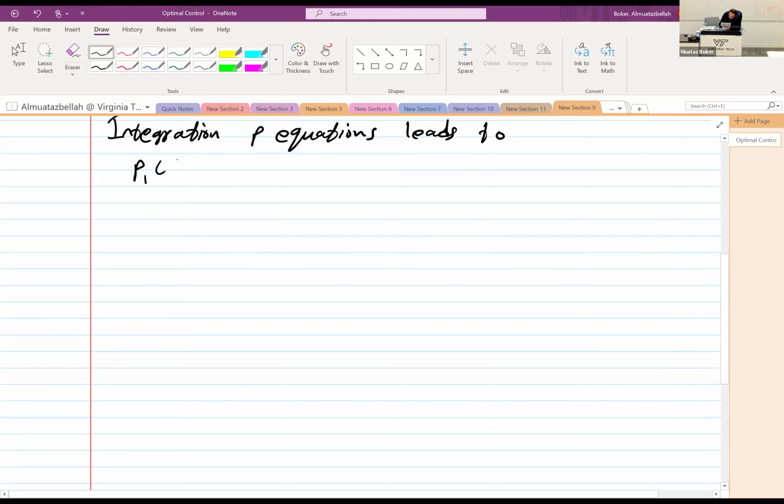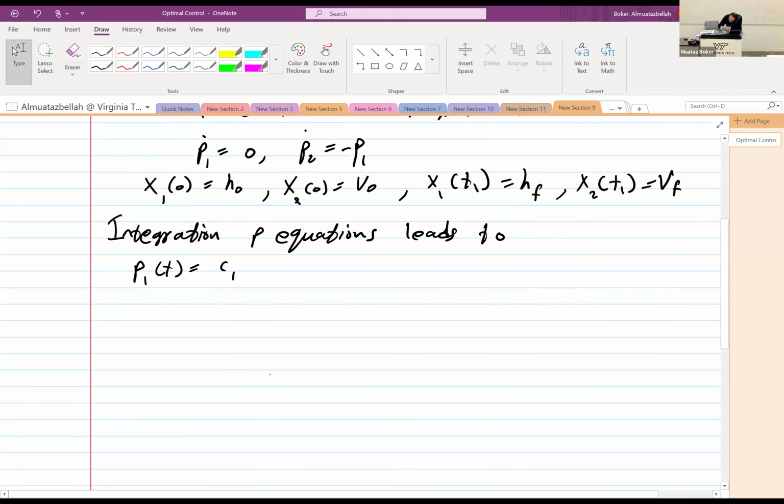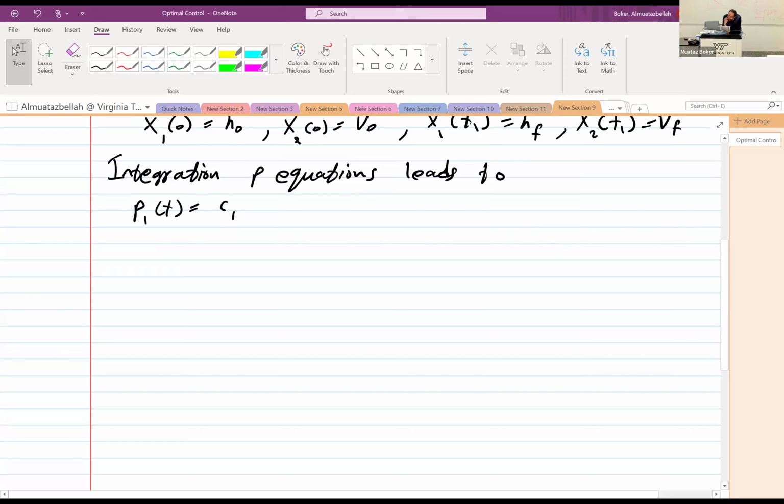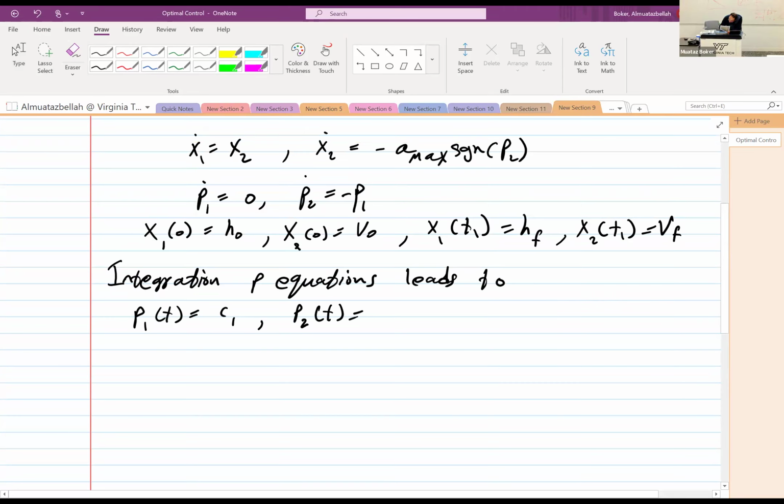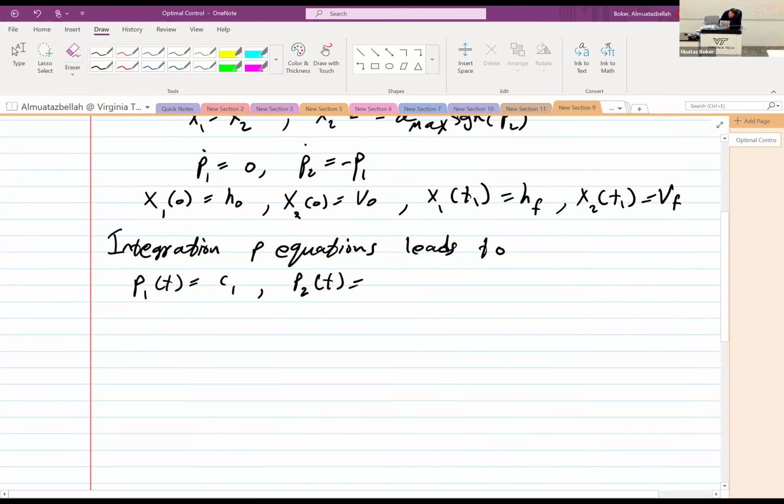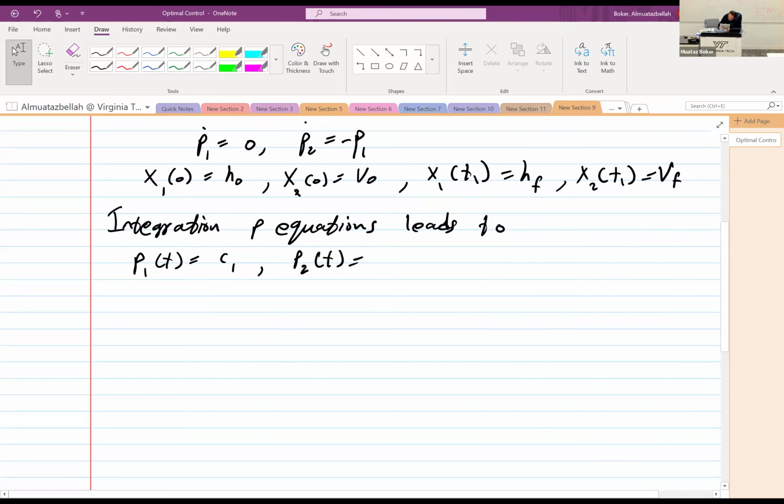P1 of t is equal to C1 because P1 dot is equal to 0. Okay? And P2 of t, you take C1, substitute it back in the P2 dot equation, and then integrate, we'll end up with minus C1 t plus C2.